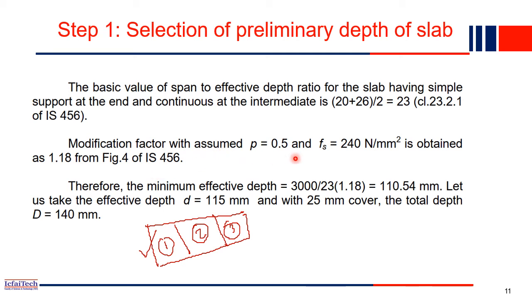Here we understood that the minimum we have to provide is 0.12%, but normally we provide 0.5 or 0.6%. So let's assume we provide 0.5% steel in the slab.